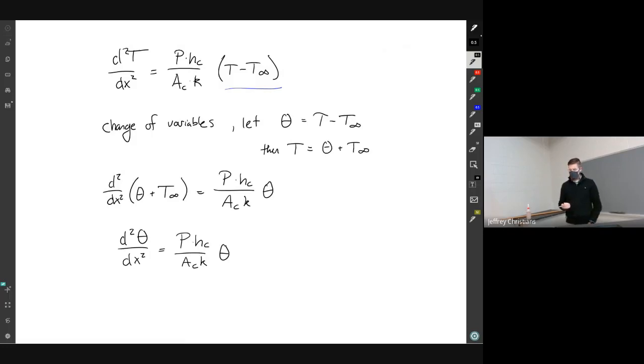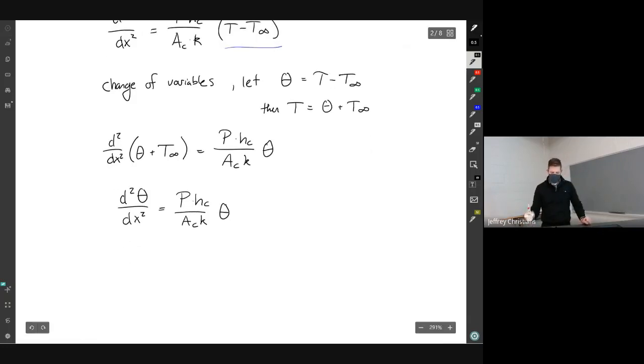Let's get rid of this big, ugly jumble of constants. Instead of having 4 constants, they don't matter independently, so let's just have 1. So we're going to choose kind of a happy value because I know where this is going, even if you don't. So we're going to let m squared equal p hc over ACk.